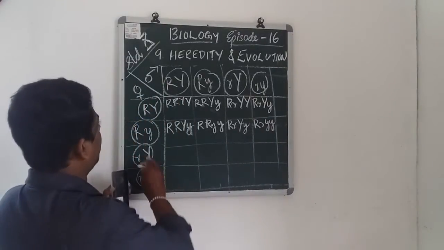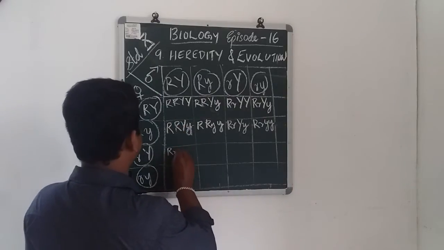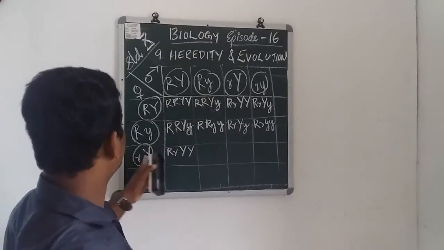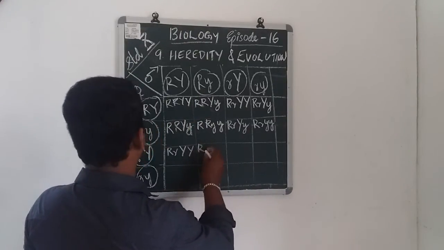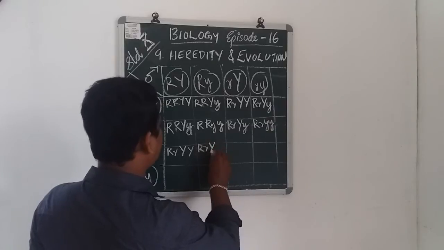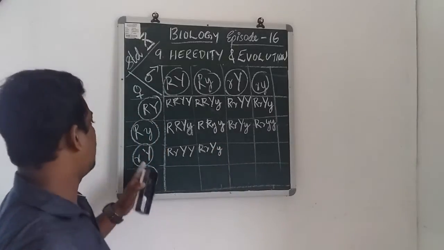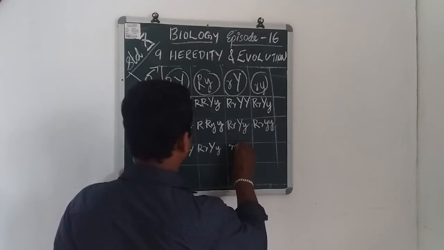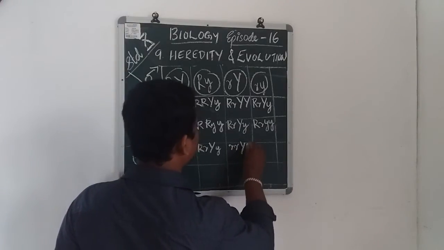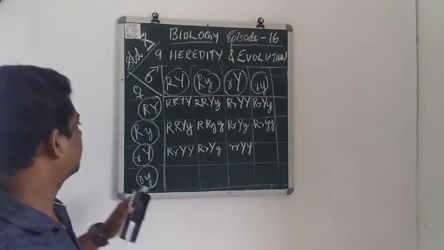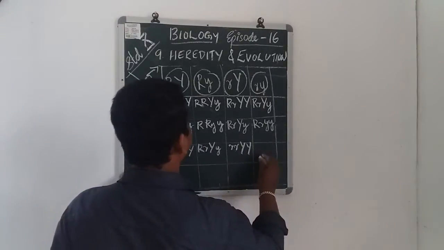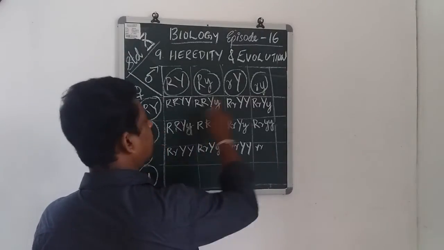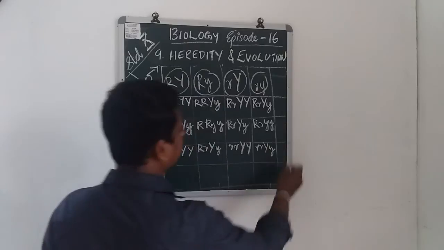Okay, and this one, capital R, small r, capital Y, and this one, capital R, small r, capital Y, small y, and this one, small r, capital Y, and again this one, small r, capital Y, small y.